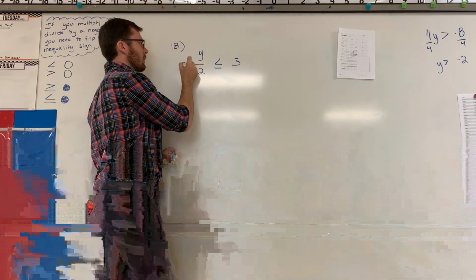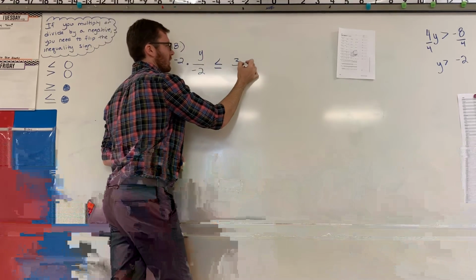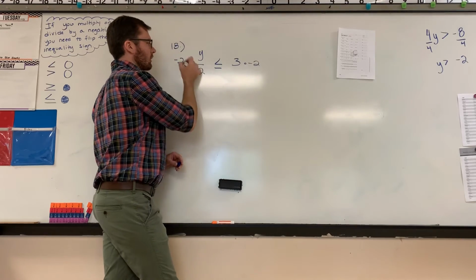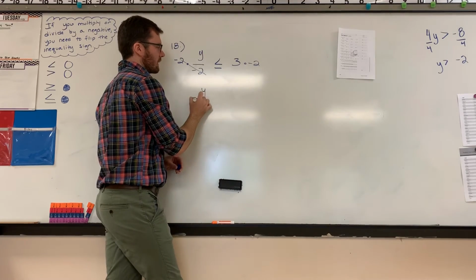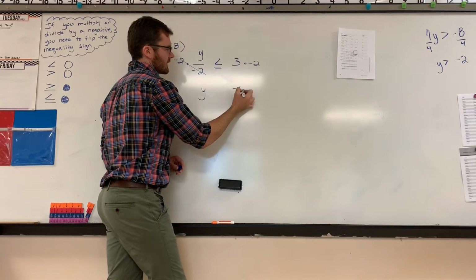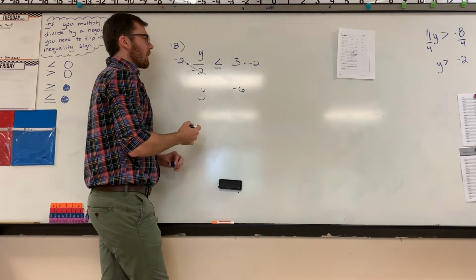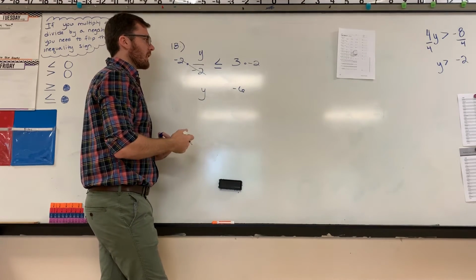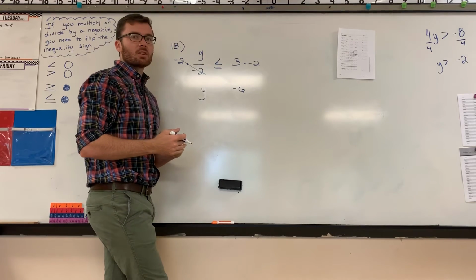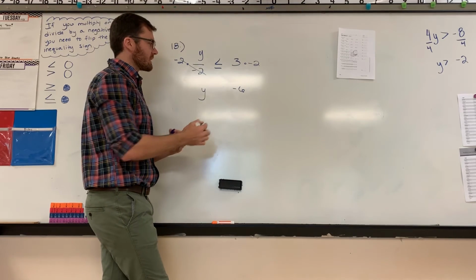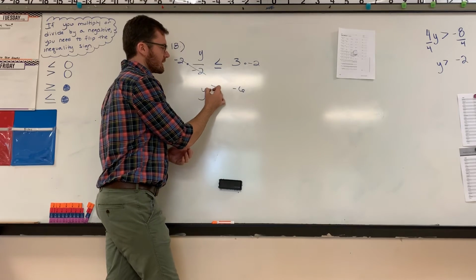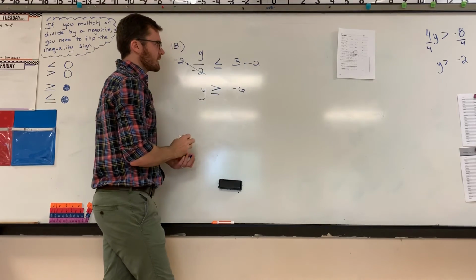The opposite would be multiplied by -2 on both sides. So this would cancel, you've got 1, and you've got -6. Whenever you multiply or divide by a negative number, you need to flip the sign. So y is greater than or equal to -6.